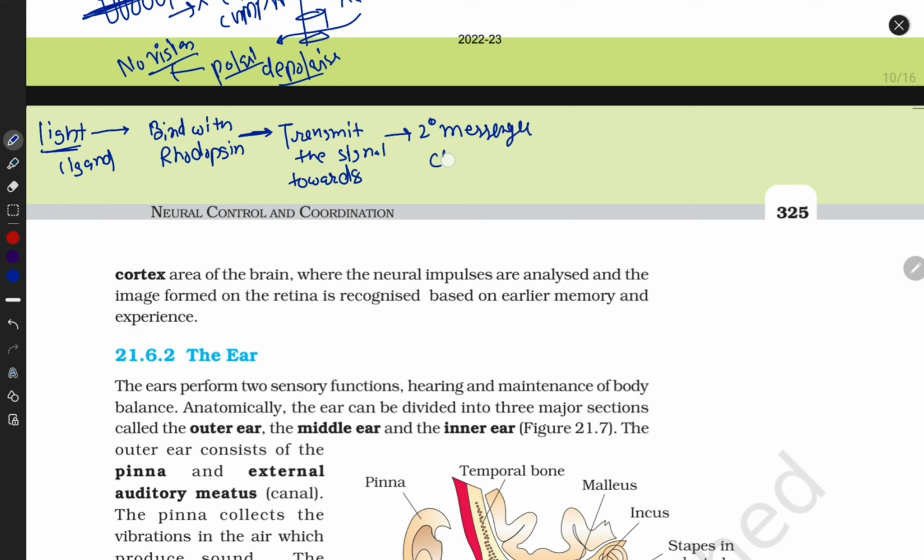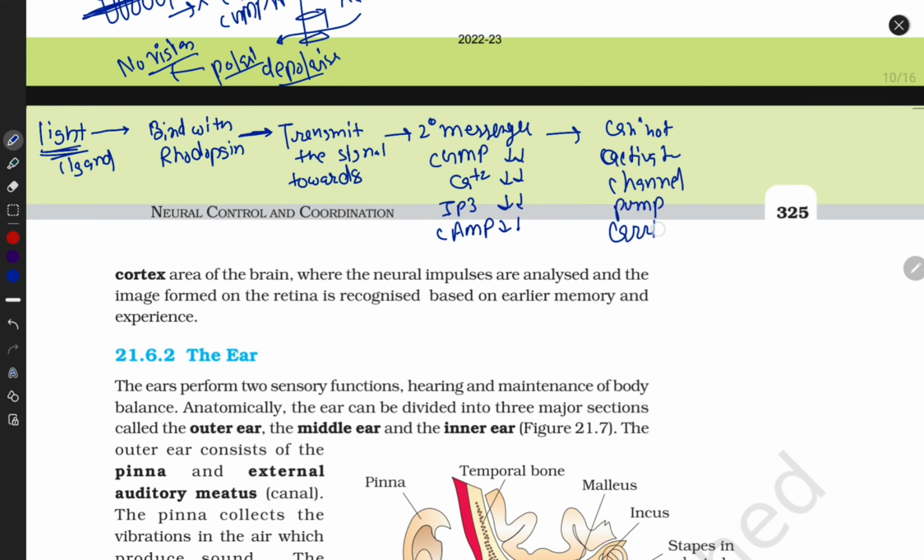Secondary messengers like cGMP, calcium, IP3, cAMP, but they are less in number because of light. So they cannot activate channels, pumps, carriers, transporter molecules of the plasma membrane.